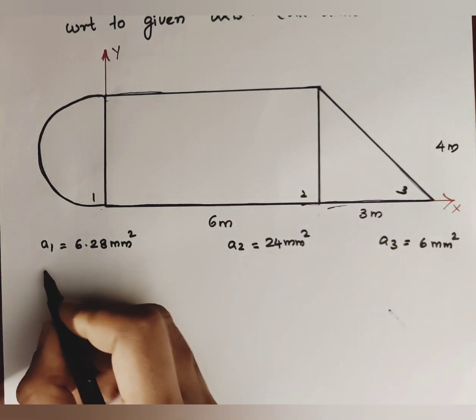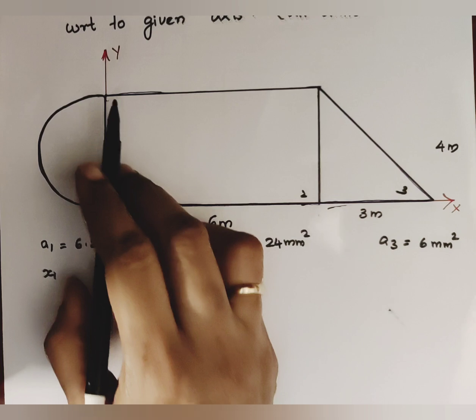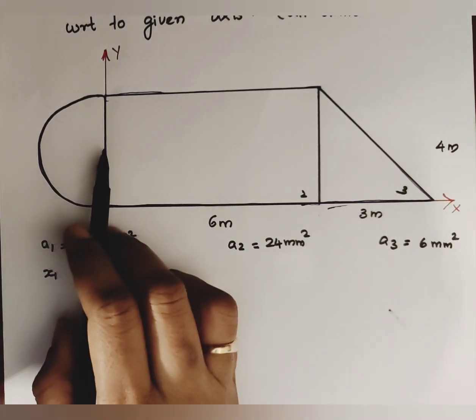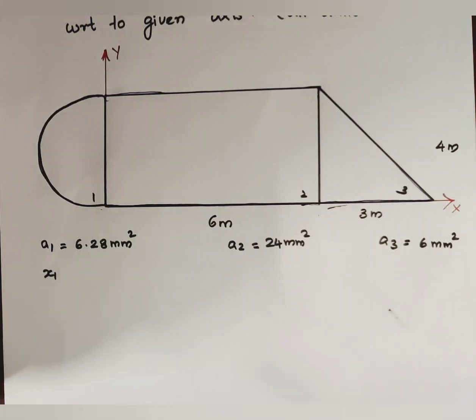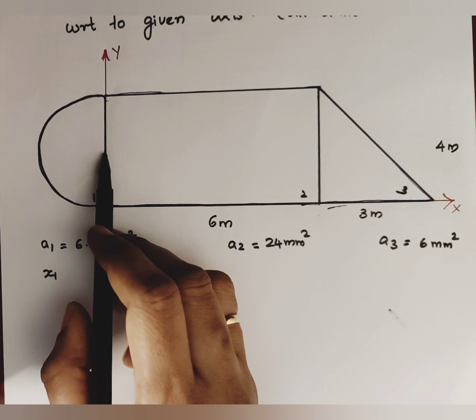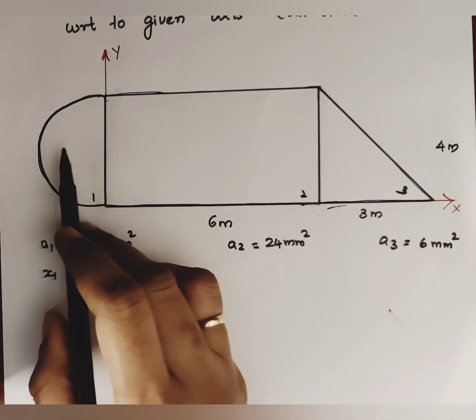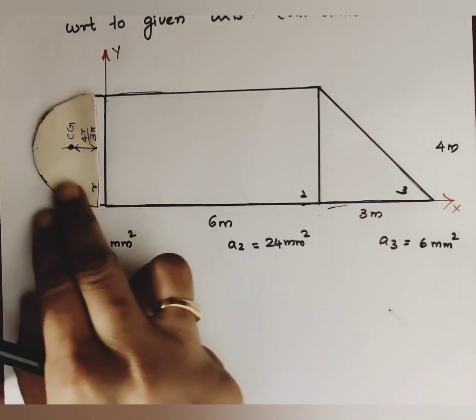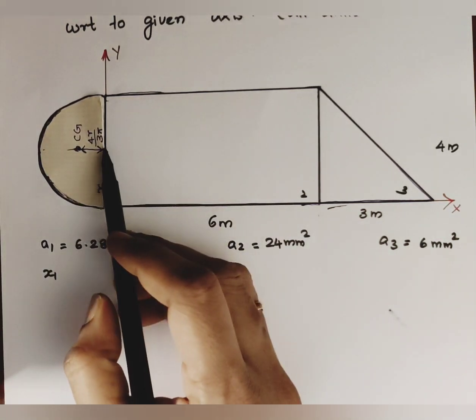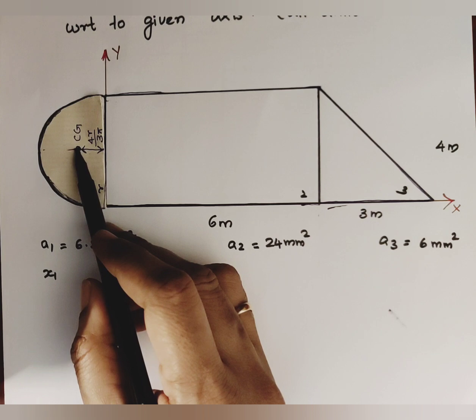Now you have to calculate x1. So here the reference axis is shifted to the new position. This is the new position of the reference axis OY. With respect to this axis, you have to calculate the centroid. So you have to place the semicircle. With respect to this OY axis, the centroid is here.